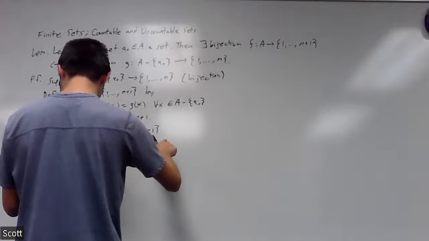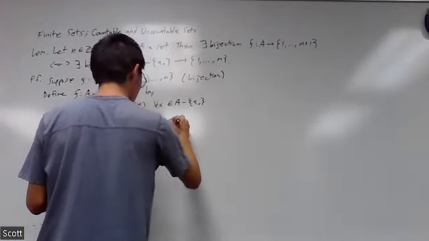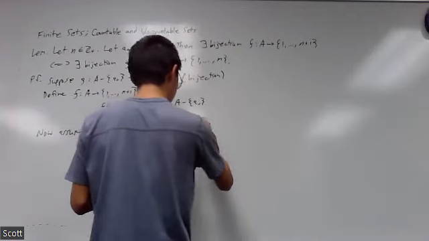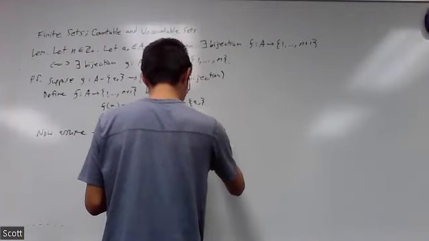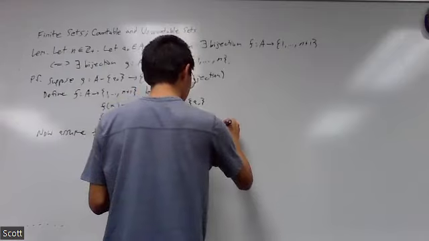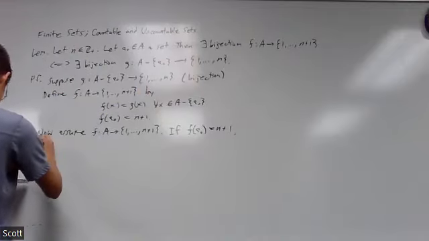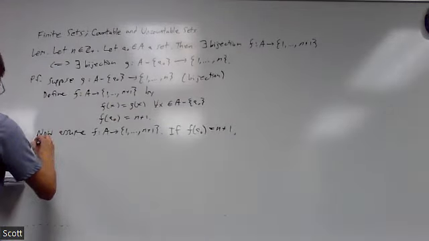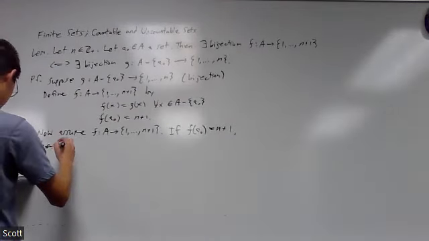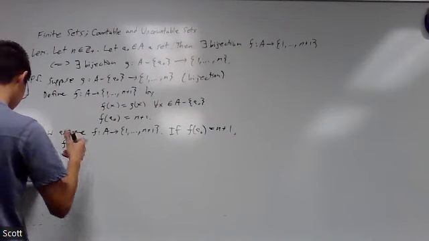So if we assume this, if f of a naught is n plus 1 already, we're done. It's easy. Yes, exactly. And then this was interesting. They decided to use that restriction language.